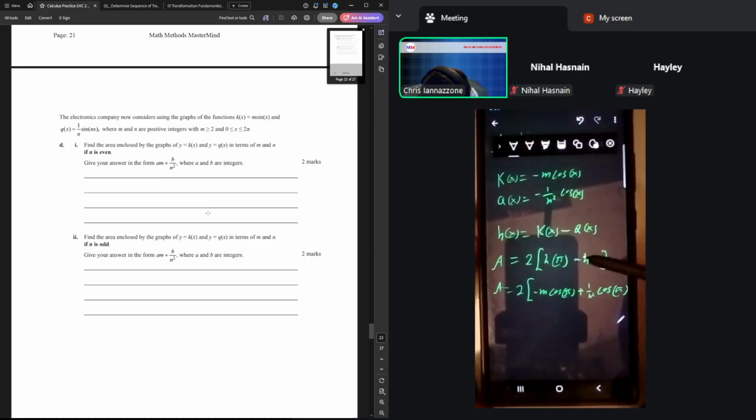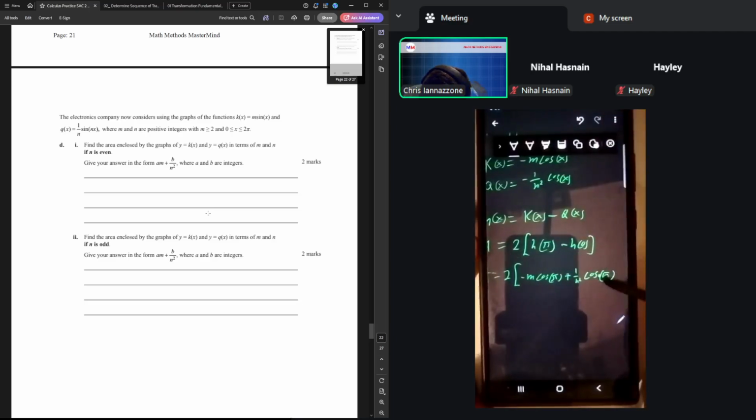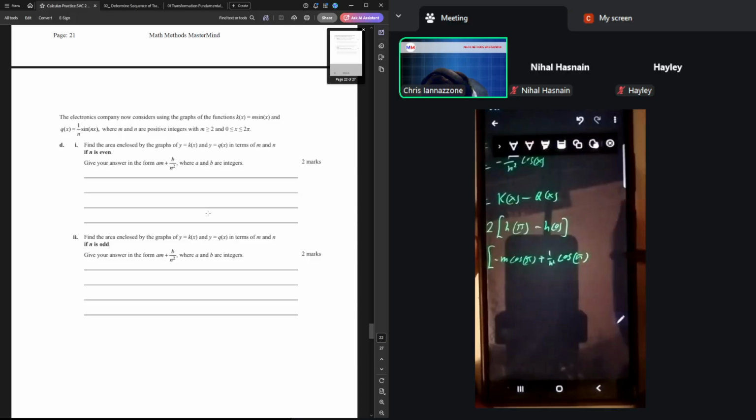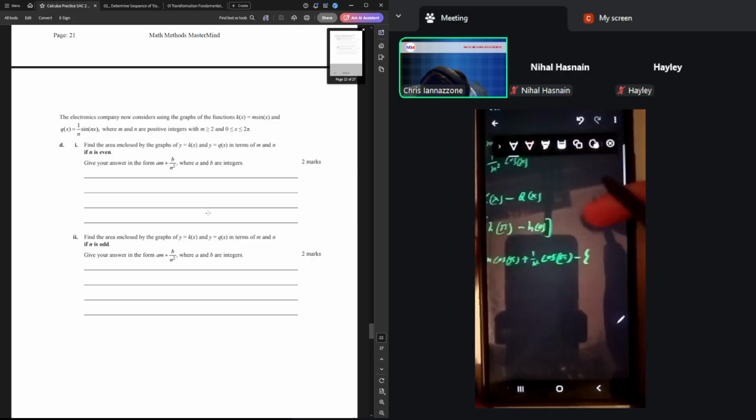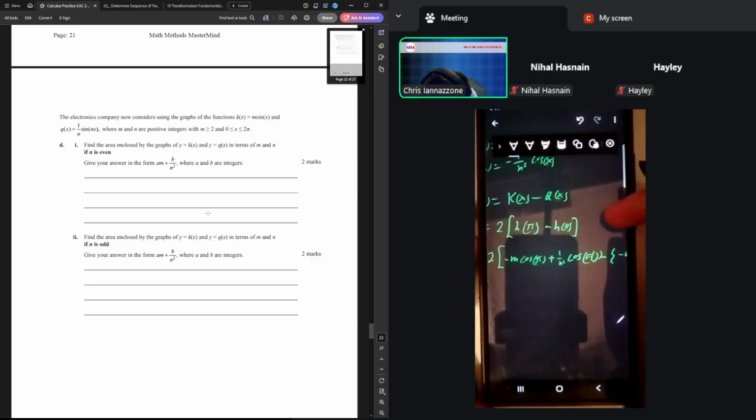That's just doing h pi minus h0. It's going to be the exact same as this, but with zeros instead of pi there. Minus m cos 0 and plus 1 over n squared cos 0.